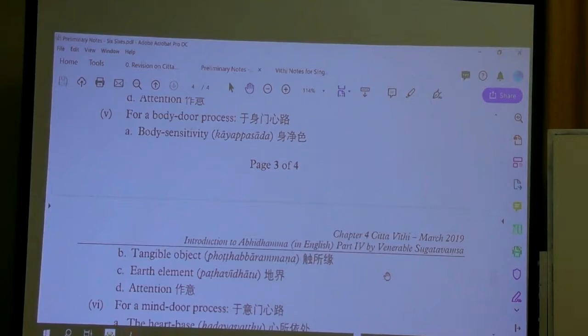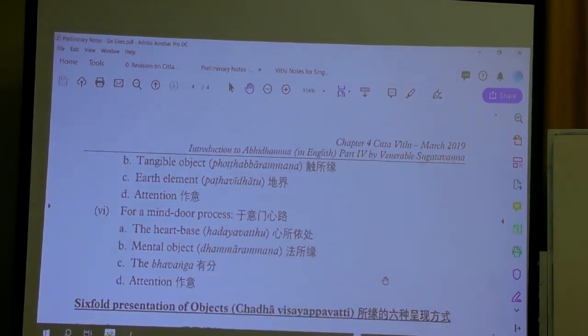What are the 3? Pathavi, Tejo and Vayu. When you are touching, you always feel one of the 3 elements, the characteristic of one of the 3 elements. Okay? And attention.